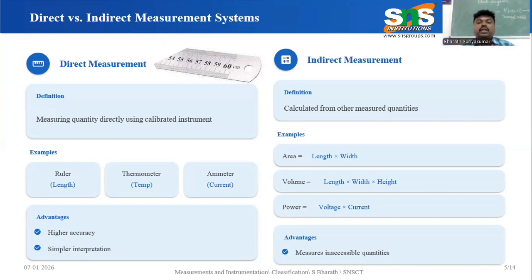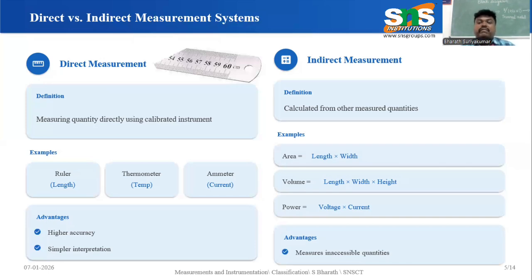Examples are a ruler or scale, a thermometer, where we see the temperature, and an ammeter, where we read the current value. It has several advantages: higher accuracy, simple operation, etc. What is indirect measurement? Indirect measurement is calculated from other quantities.